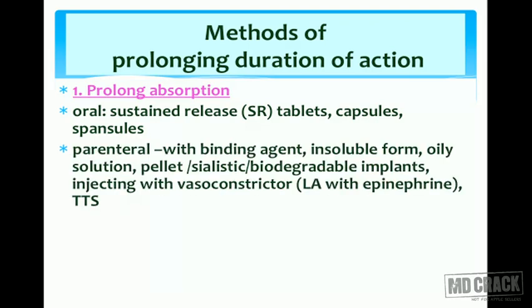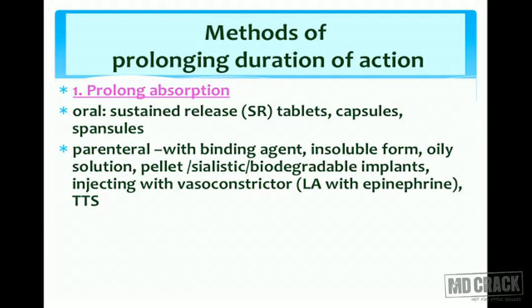As far as the parenteral route is concerned, you can inject a drug with a binding agent which keeps the drug together in a bound form and slowly releases it, so you get a longer duration of action, or inject the drug in insoluble form or oily solution, or give pellets or silastic or biodegradable implants which will release the drug slowly, or a very common example in practice is you inject a local anesthetic, lidocaine, with epinephrine.